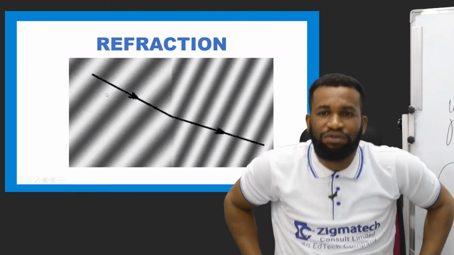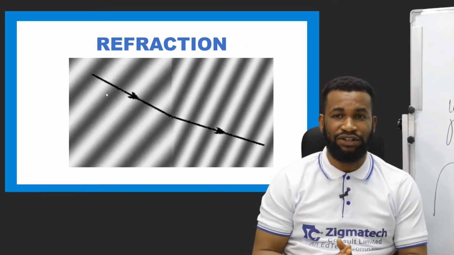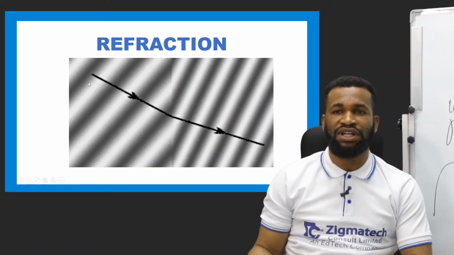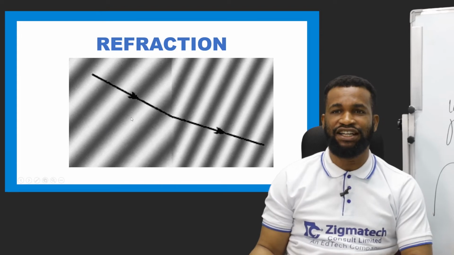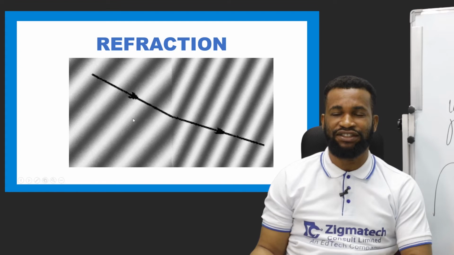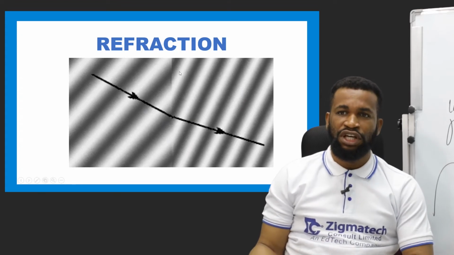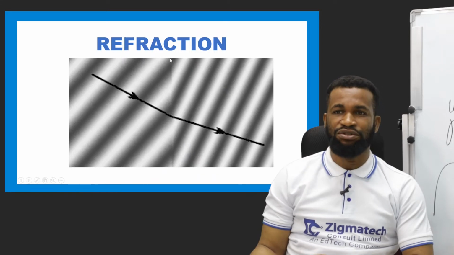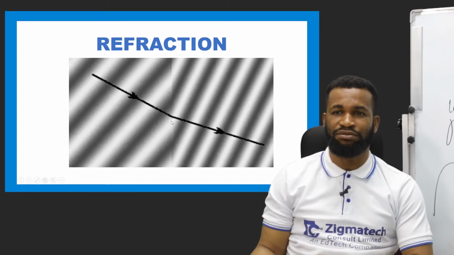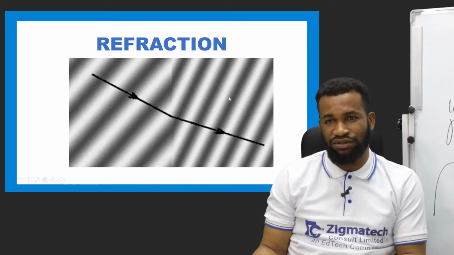Now look at the first thing, which is called refraction. What is refraction? First of all, if you look at what is happening here, this side is bigger. The space between the crest and crest is bigger here, but smaller here. What caused that? If you look at this very well, you will see there is a kind of demarcation between the bigger one and the smaller ones.